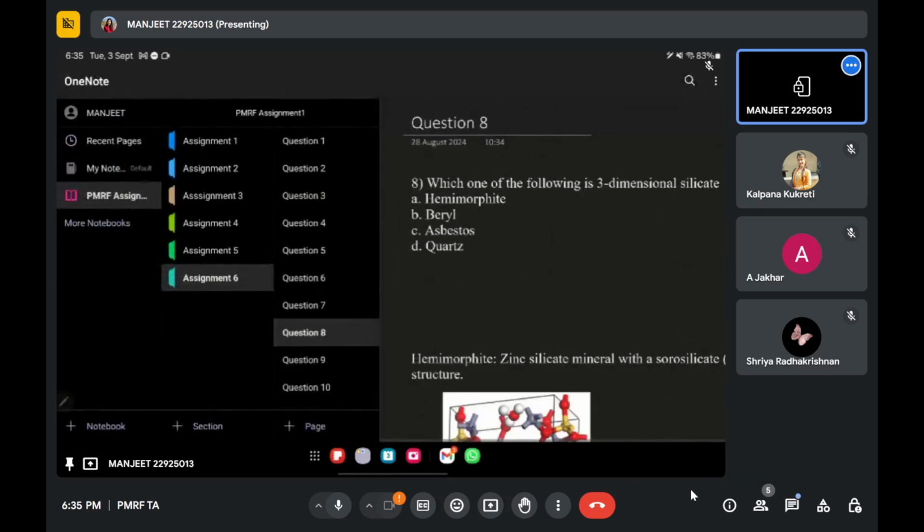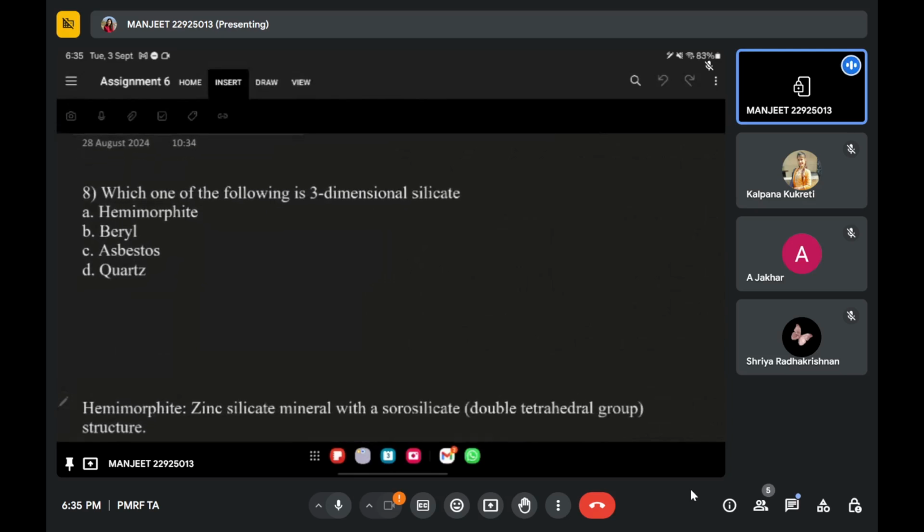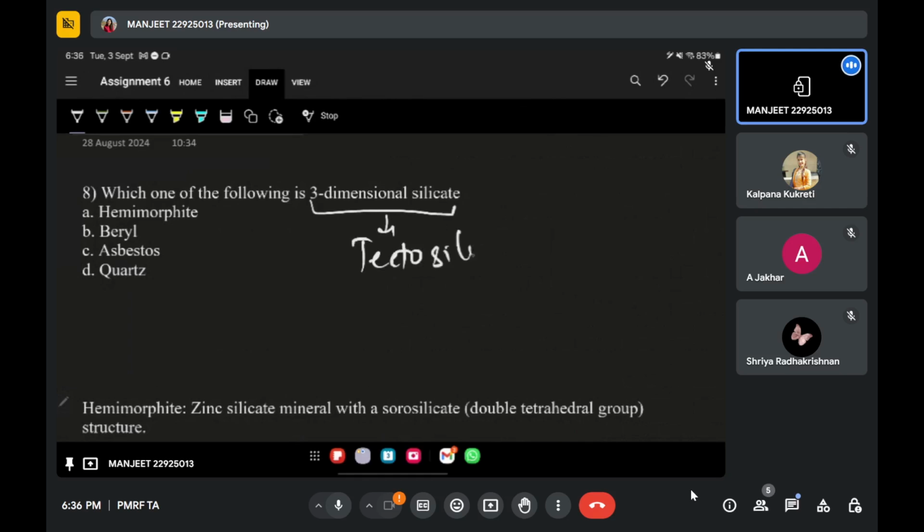Question number 8. In question number 8, it is asked, which of the following is the three-dimensional silicate? So what are the three-dimensional silicates? We call the three-dimensional silicate the tectosilicate.